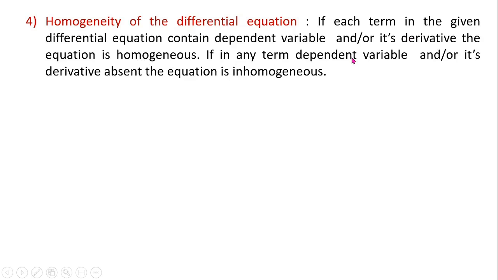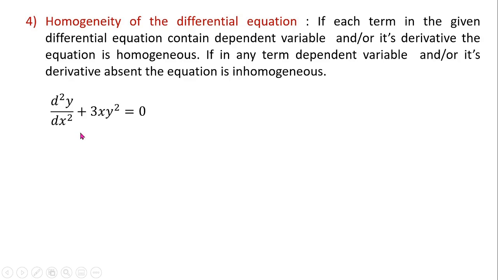If in any term the dependent variable and/or its derivative is absent, the equation is inhomogeneous. Therefore, each term must contain at least the dependent variable or its derivative or both. Let us see a few examples.